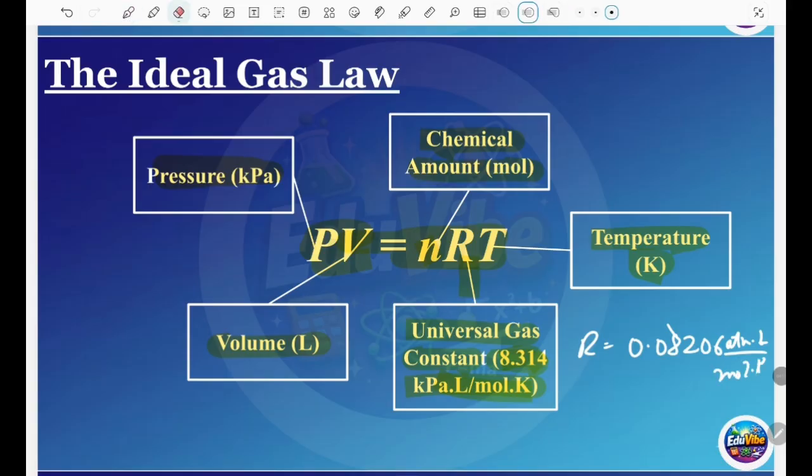So the difference is kPa versus atm. When you have atm, use this one instead of the kPa one. That's all you have to do.